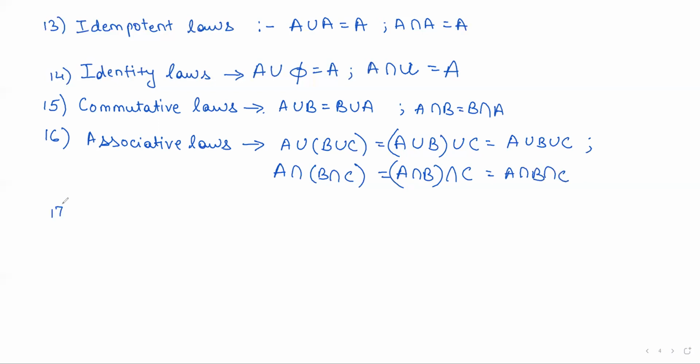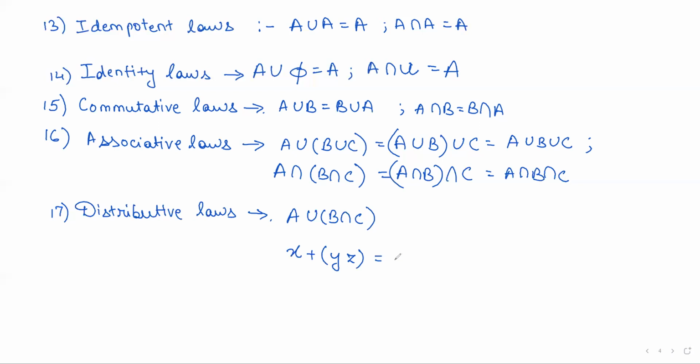Next, distributive laws. Distributive laws are: A union, B intersection C. Now, in algebra, it looks something like this: x plus y into z.